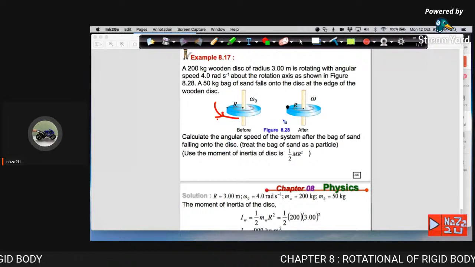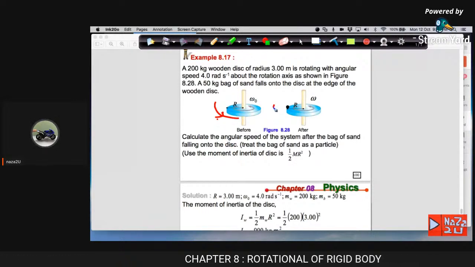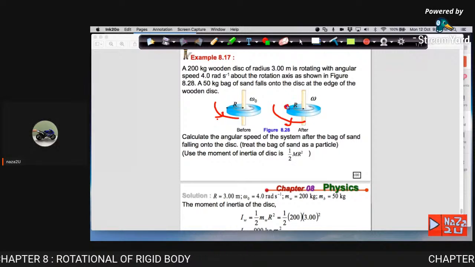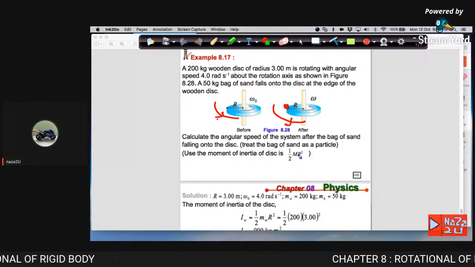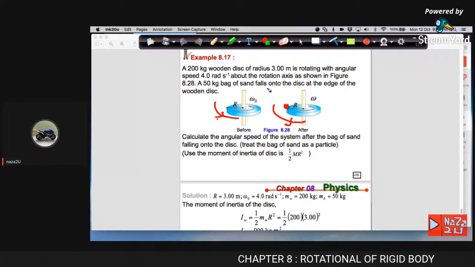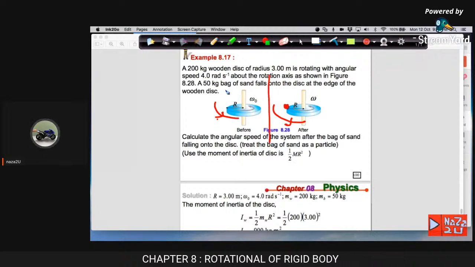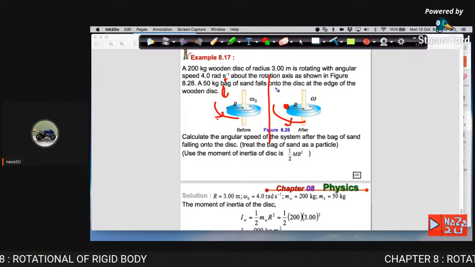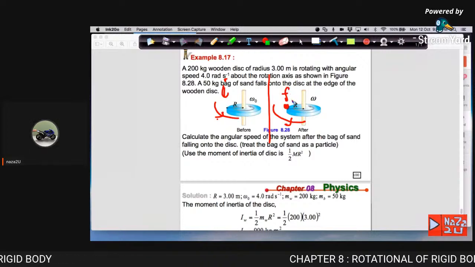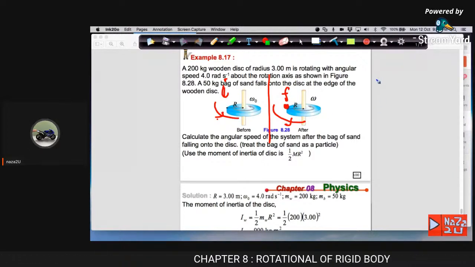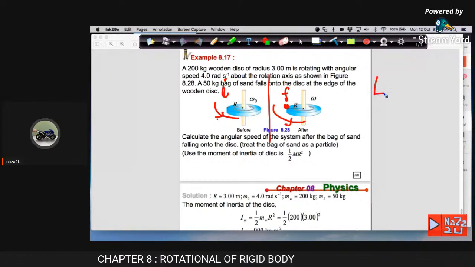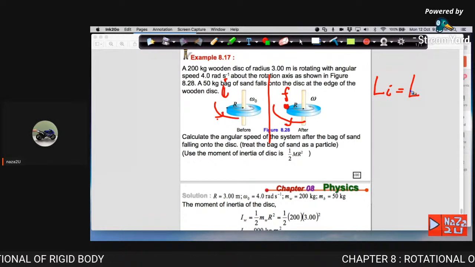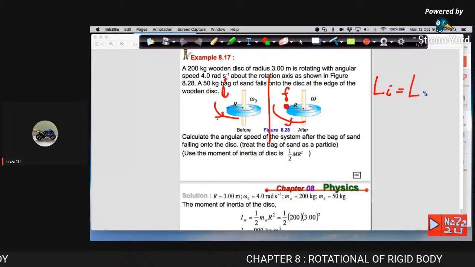Okey, lepas itu dalam kes situasi kedua, jasad ini sedang berpusing, tiba-tiba dia kata ada satu jasad jatuh di hujung sini. Jadi, dia sedang berpusing. This is kita katakan sebagai before. Okay, this is initial, saya buat I. And this is situation for final, after. So, kalau kita kaitkan dengan angular momentum, Li is equal to Lf.